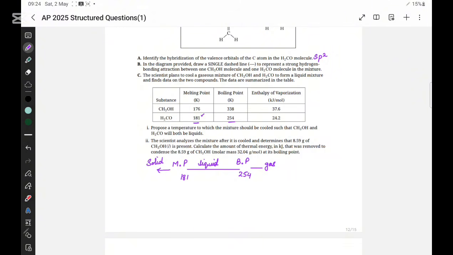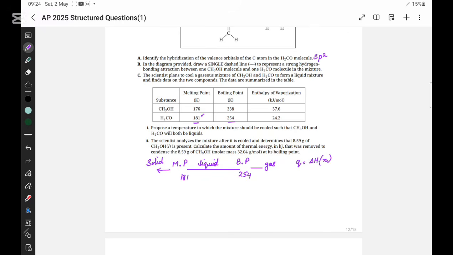After that, the scientists analyze the mixture after it is cooled and determine that 8.59 gram of CH3OH is present. Calculate the amount of thermal energy in kilojoules that was removed to condense the 8.59 gram of CH3OH. So we have a formula: Q is equal to delta H times the number of moles.